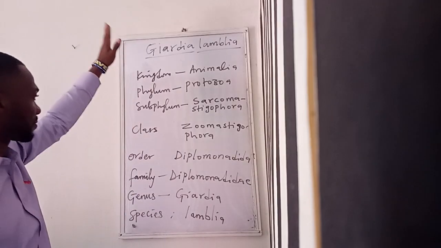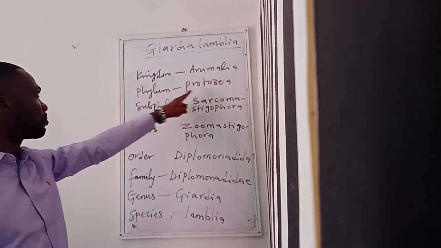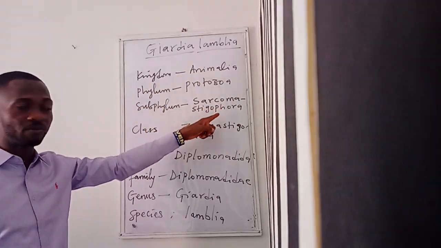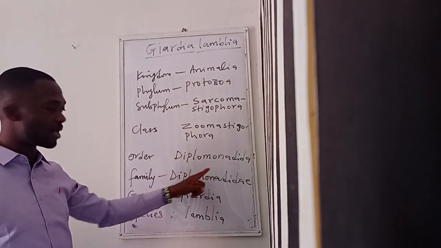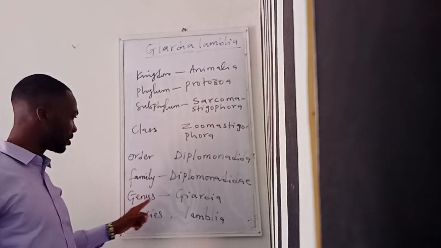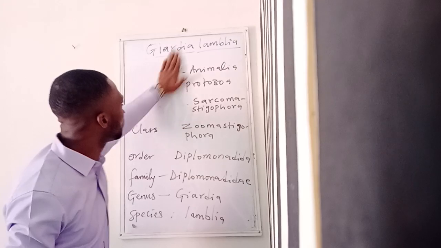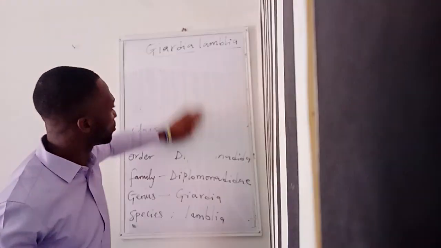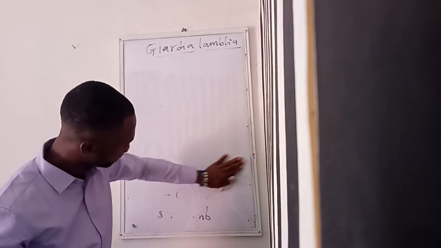So this is the classification of this parasite. Kingdom Animalia, phylum Protozoa, subphylum Sarcomastigophora, class Zoomastigophora, order Diplomonadida, then family Diplomonadidae, just add E, then genus Giardia, species lamblia. So having known this now, the next thing to do is to talk about the life cycle of this parasite.